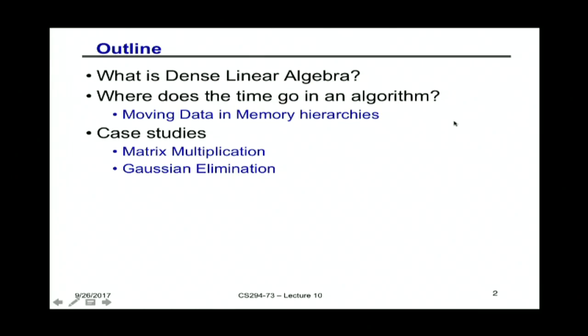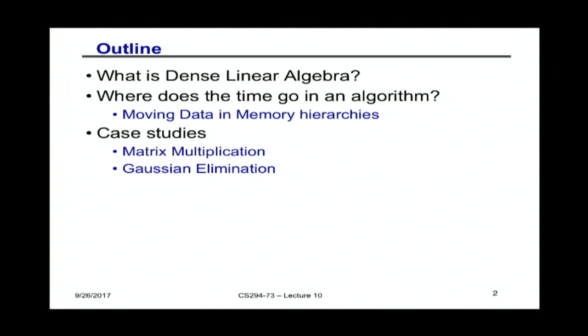Okay. So this is the outline of the lecture, and I think a lot of people know about dense linear algebra, and we can go quickly. The main thing is to talk about how to get high performance, how to structure the software, writing good code, so that when these kinds of algorithms run on current machines, you can get very good speed out of the machine.